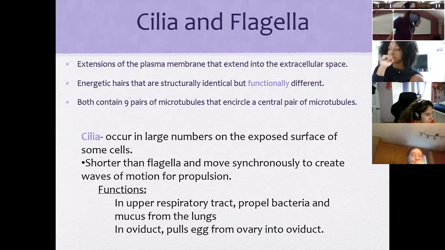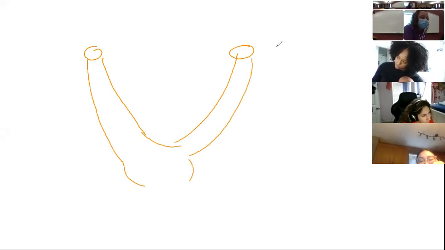Here's the other job of the cilia. So if I want to draw the uterus, here's an ovary, here's an ovary. Dogs and cats have very, very long uterine horns and a very short and stubby uterine body.